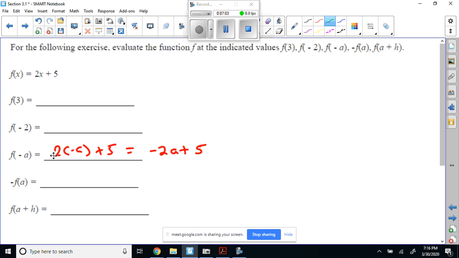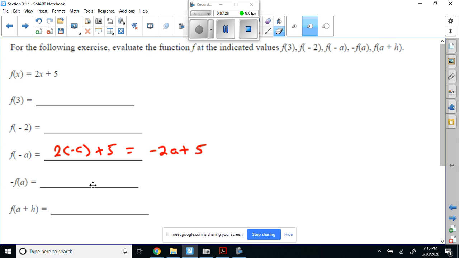And then this one says -f of a. How does that work? It's basically going to be multiplying -1 times everything.